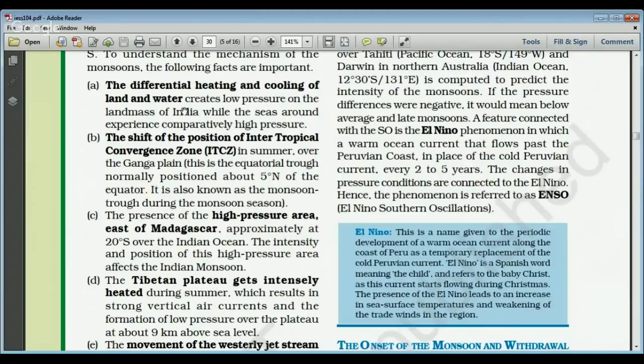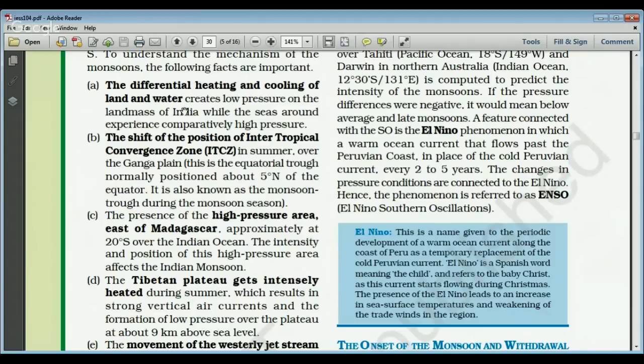Now, the third important condition is the high pressure area east of Madagascar. Madagascar is present in the Indian Ocean region, in the southeast of the African continent, and it is a separate island country of Africa.